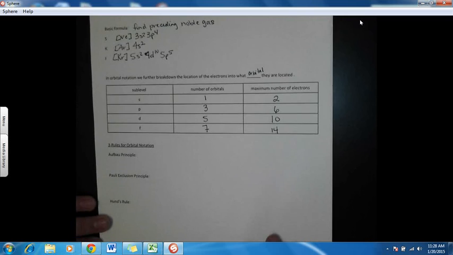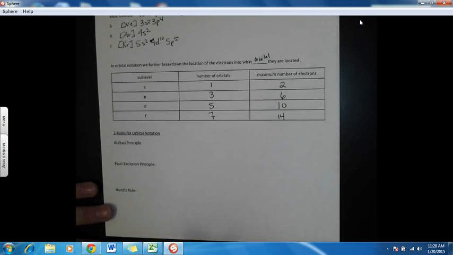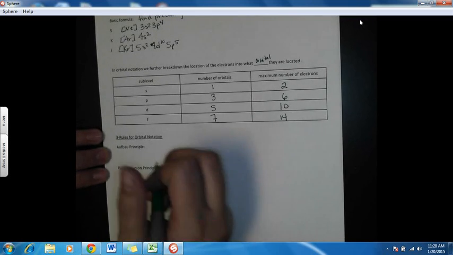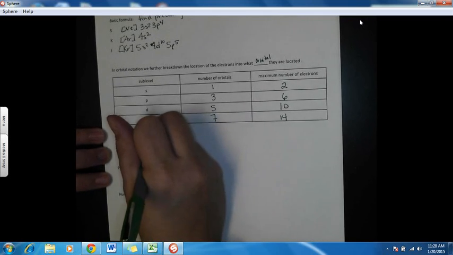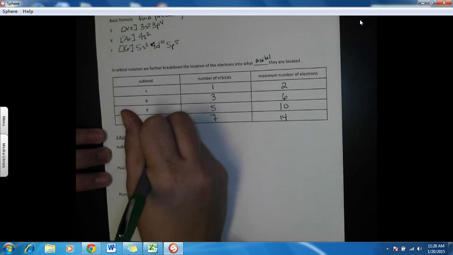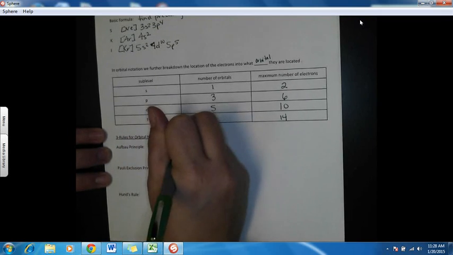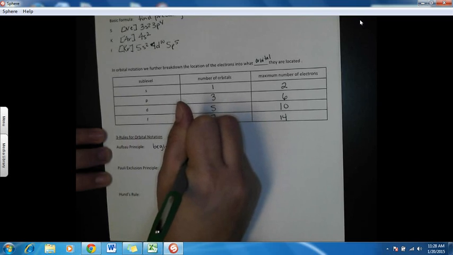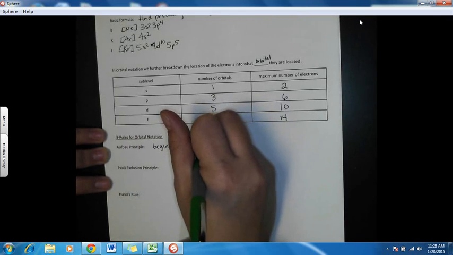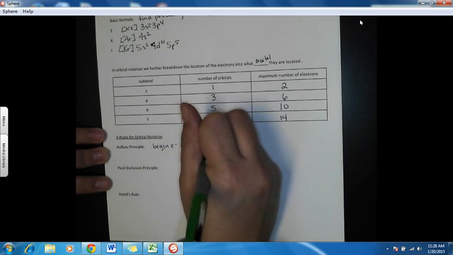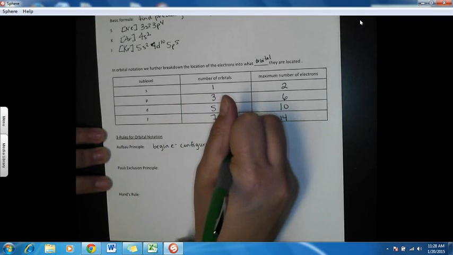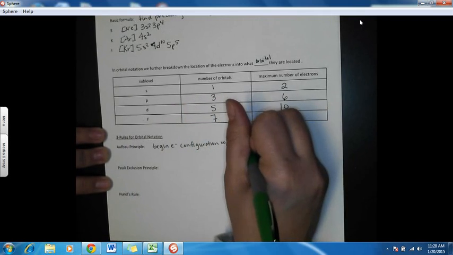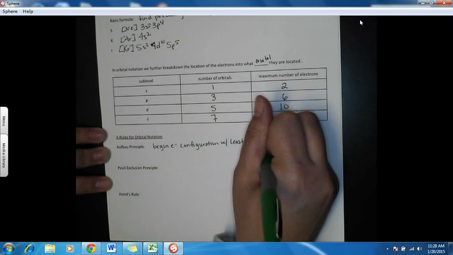For orbital notation, there are 3 rules that we must abide by. The first we already talked about, I just didn't call it that. That's the Aufbau principle, and that says we must begin electron configuration with the least energy orbitals possible.